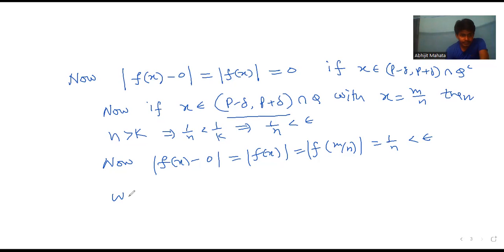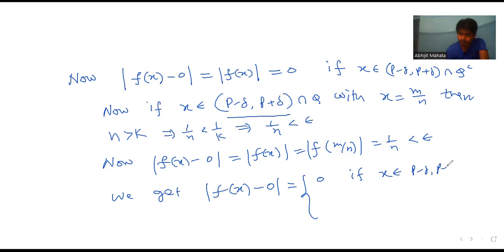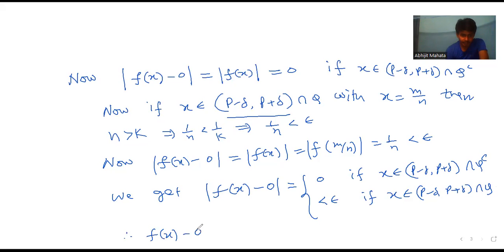So what we are getting? We get that |f(x) − 0| equals 0 if x belongs to (p − δ, p + δ) intersection Q complement, and this is less than epsilon if x belongs to (p − δ, p + δ) intersection Q. So we get that |f(x) − 0| is less than epsilon if x belongs to (p − δ, p + δ).